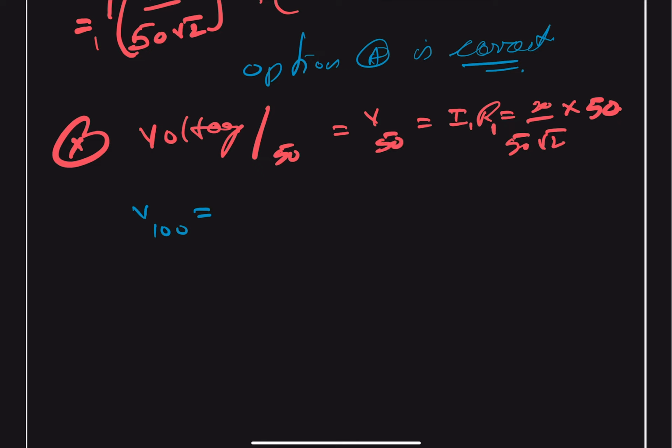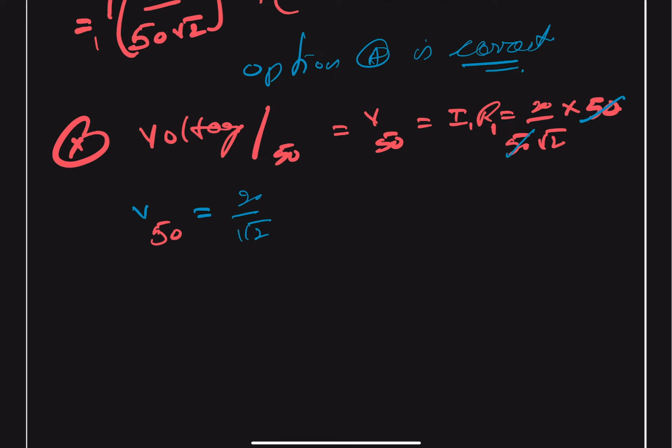So here 50 goes with 50, and this comes as 20 upon square root of 2.